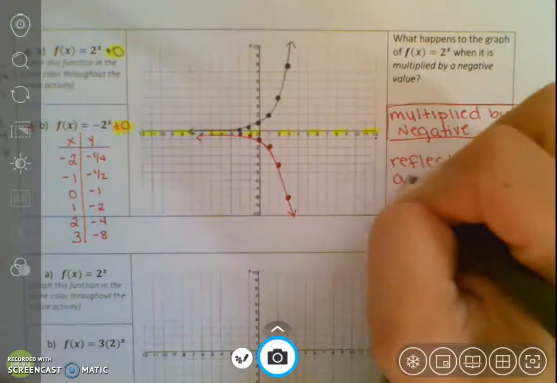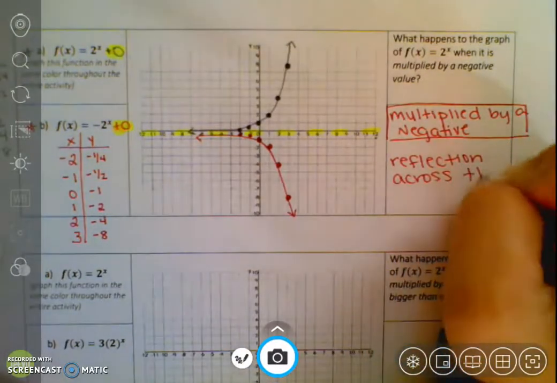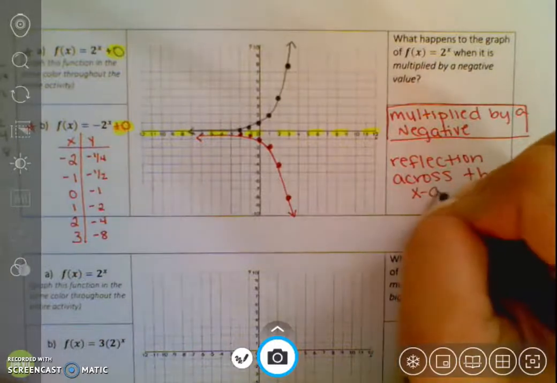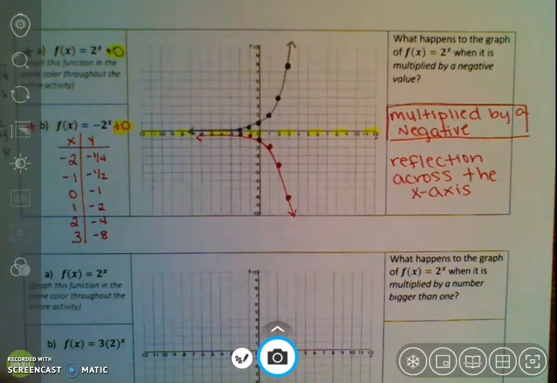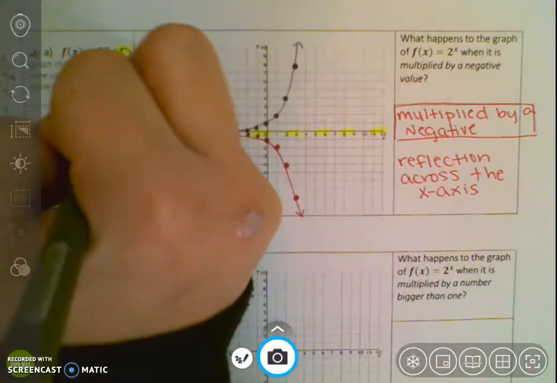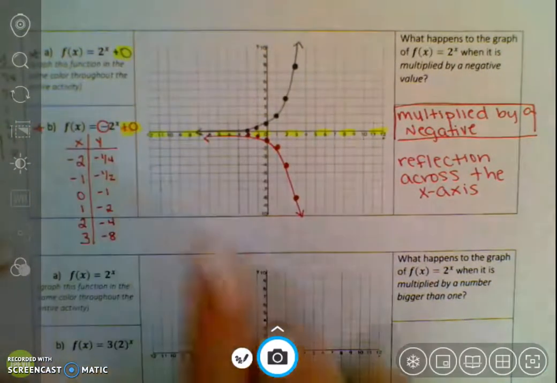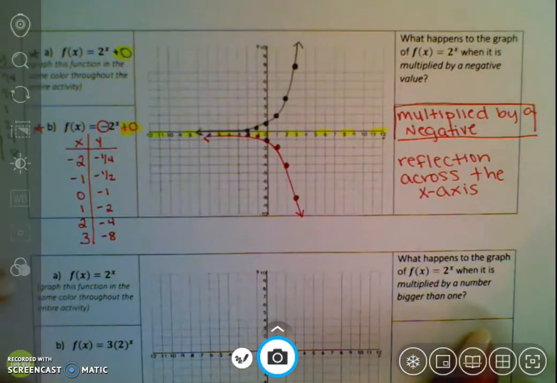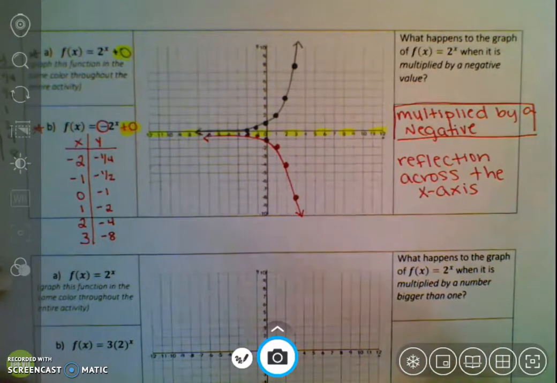Reflection across the x-axis. So when there's a negative out front, which is this guy right here, it's a reflection across the x-axis. It makes it go from up top, above the asymptote, to below the asymptote.